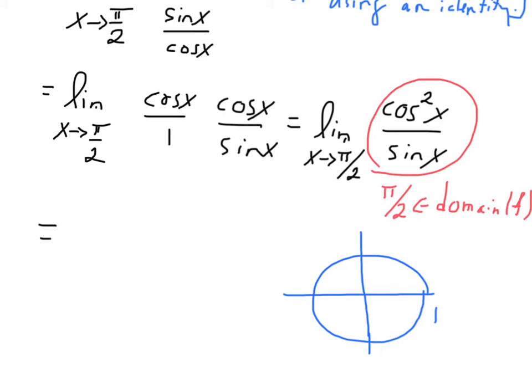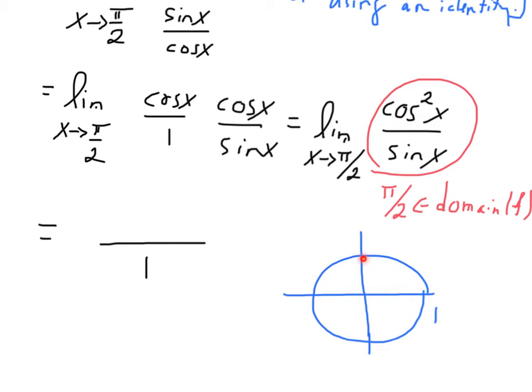Okay, so this is equal to, evaluating at pi by 2, the denominator we said is going to be 1. And what do we get when we evaluate the numerator, cosine of x squared at pi by 2? Well, what is cosine of pi by 2?